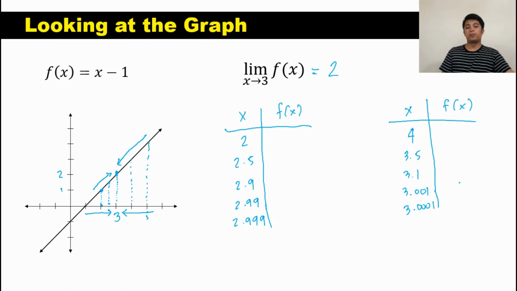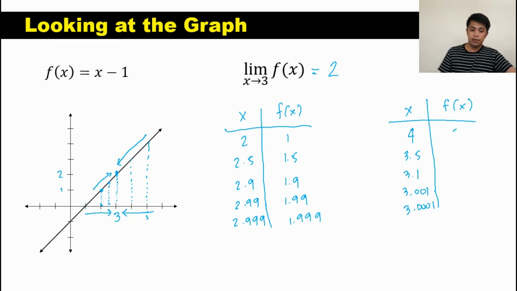Now let us substitute these x values and look for the corresponding y value, or f of x. So 2 minus 1 is 1. 2.5 minus 1 is 1.5. This is 1.9, this is 1.99, and 1.999.